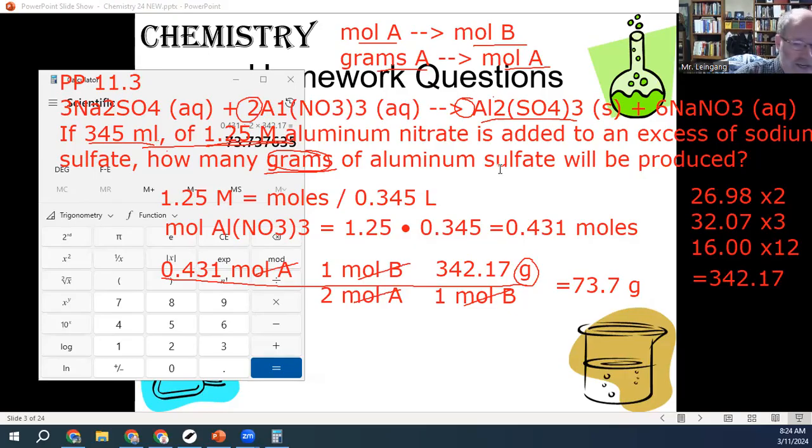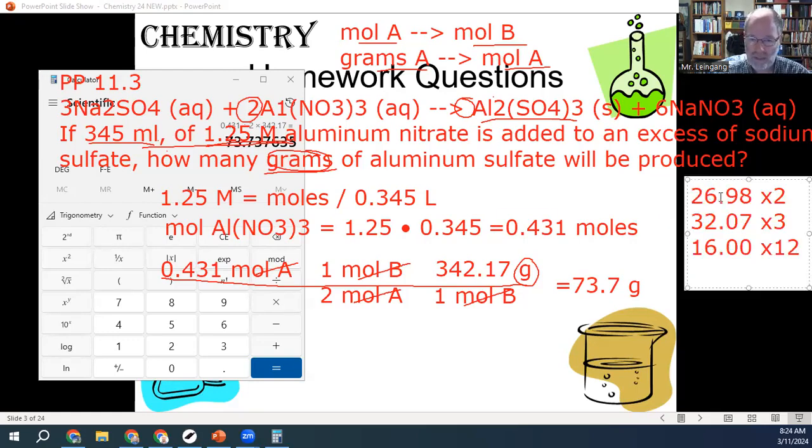If I look in my textbook, I look up aluminum and it's 27, not 26.98. My sulfur would be 32.1. And so ultimately, that's where the difference is. It's a difference of significant figures. We could do that. The concept doesn't change. This becomes 27, this is 32.1, and I think this is still 16.